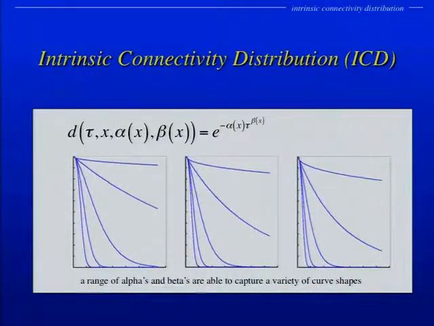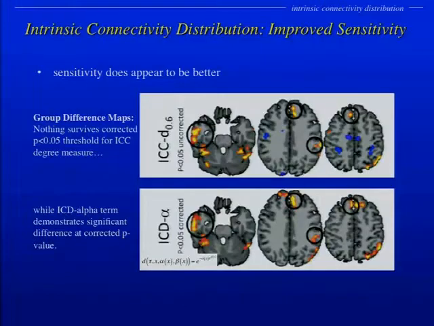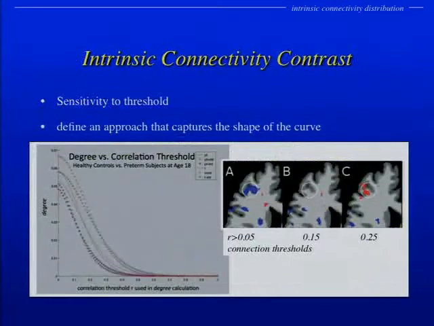When we put them together, we get a wide spectrum of shapes that we can fit. And so when we do that, it actually turns out to be quite useful. The sensitivity appears better, and we've eliminated this arbitrary threshold. Now, the one thing that I'll say is that we haven't completely eliminated the threshold, and that we're not looking at the whole curve, because the whole curve goes from -1 to 1.